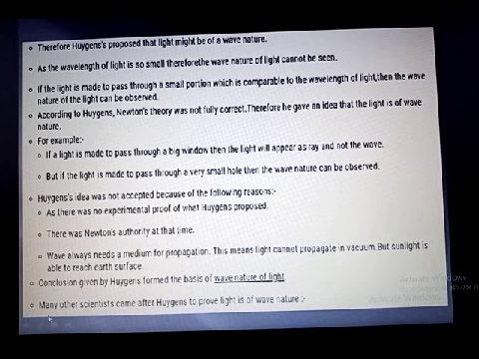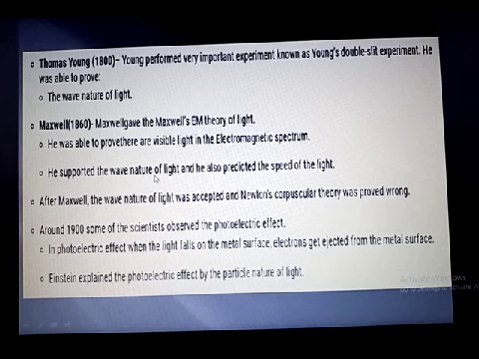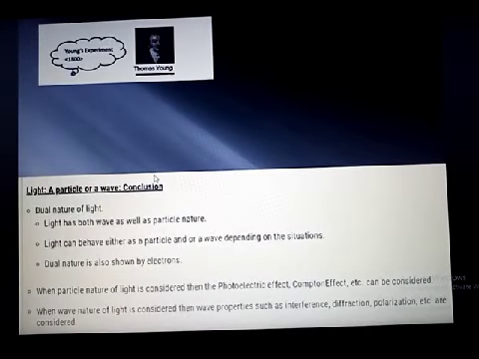Okay, so many other scientists who came after Huygens tried to prove that light is a wave in nature. Who are they? Thomas Young in the year 1800 and Maxwell in the year 1860. They also tried to prove that light has wave nature, but they couldn't fully do this.